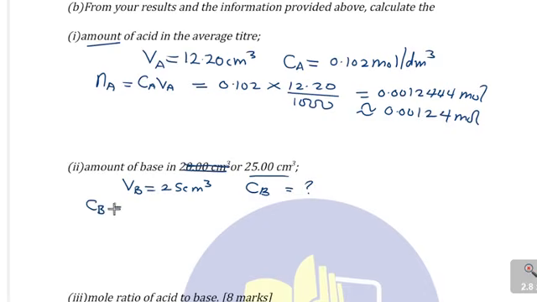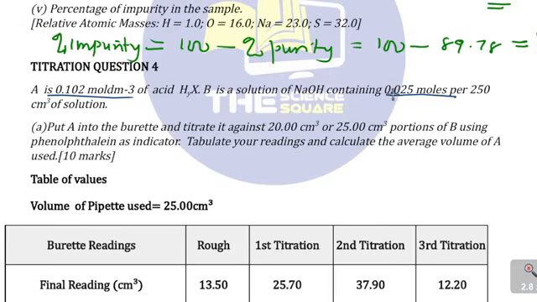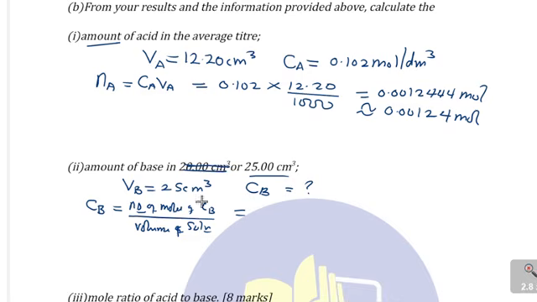Our CB is the number of moles of base in the volume given over the volume of solution. So the number of moles of base given in the question is 0.025 in 250. Let's divide: 0.025 over 0.250, and if you divide this, you are going to get 0.1 moles.